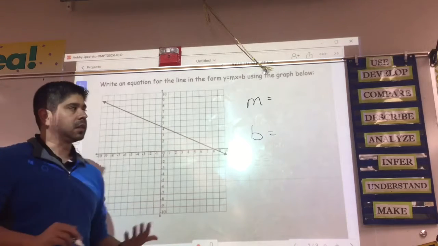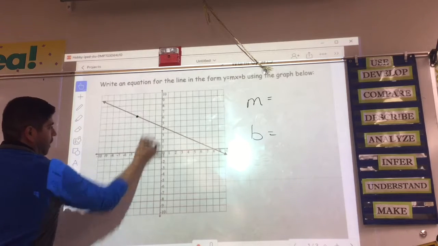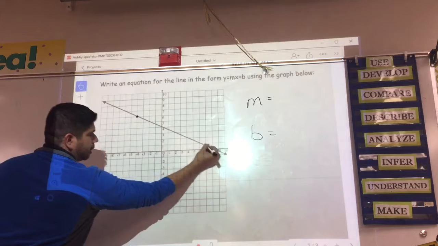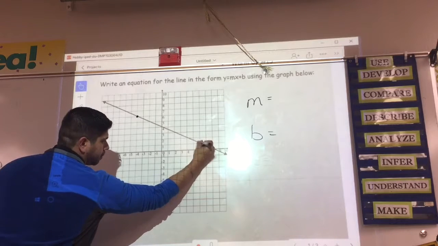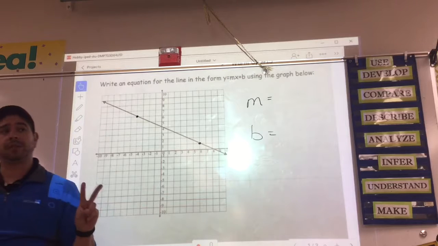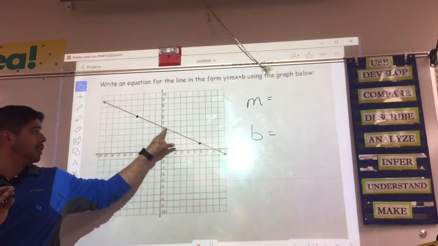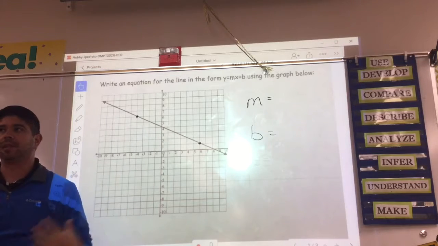So I'm going to pick this point right here because it passes through, and then I'll pick this one right there. Like I said, you might have picked two different points, and that's okay because it'll simplify down to the same slope, since they're all on this line.